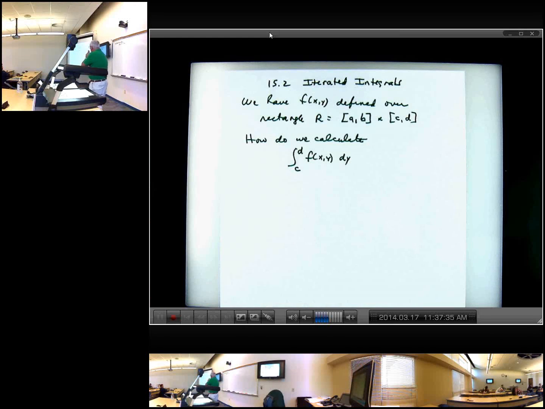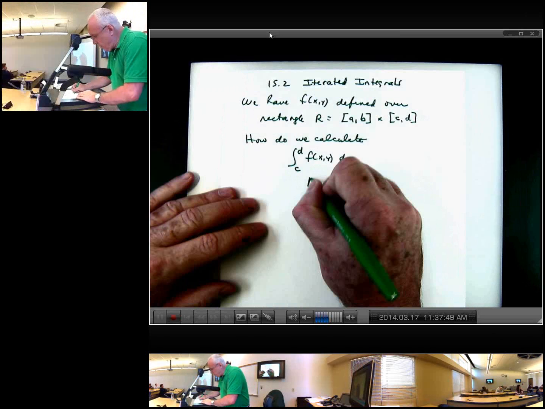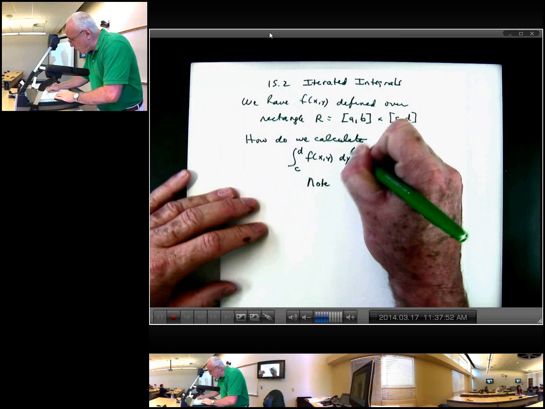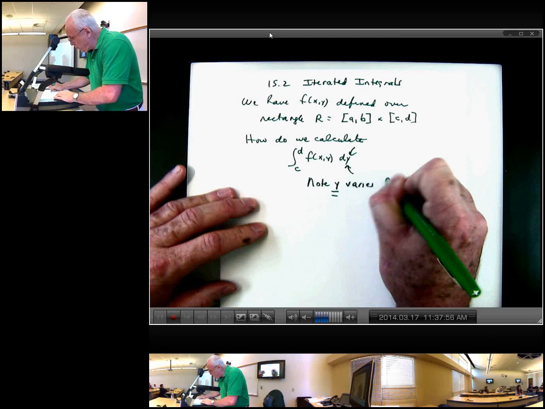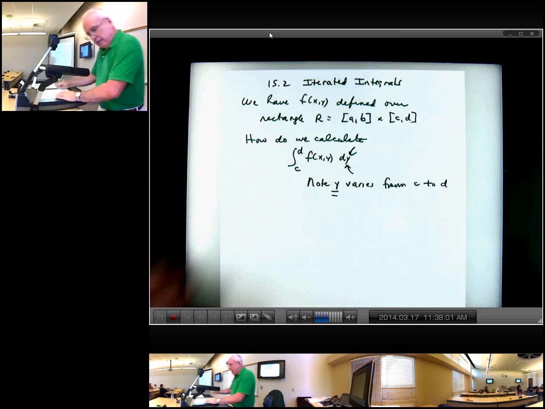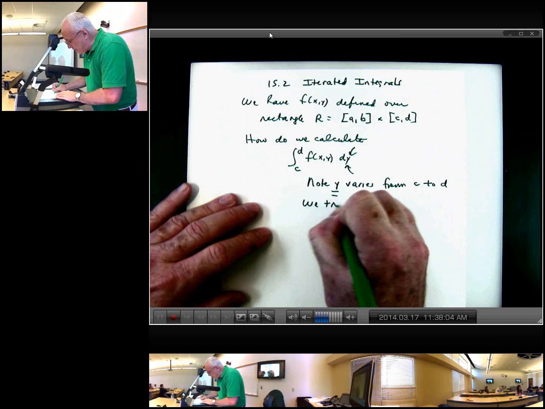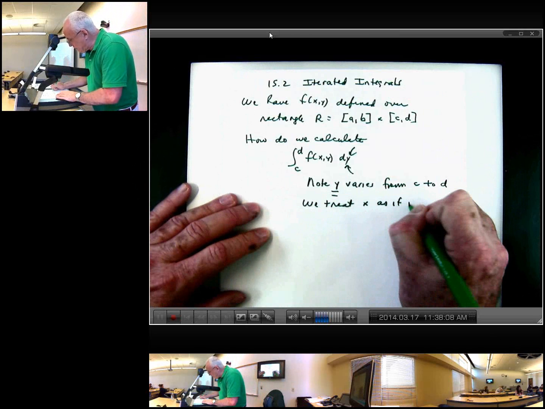Y is the variable that varies from C to D. Okay, y varies. X doesn't vary at all. So note, because this has dy, y varies from C to D. We treat x as if it were a constant.